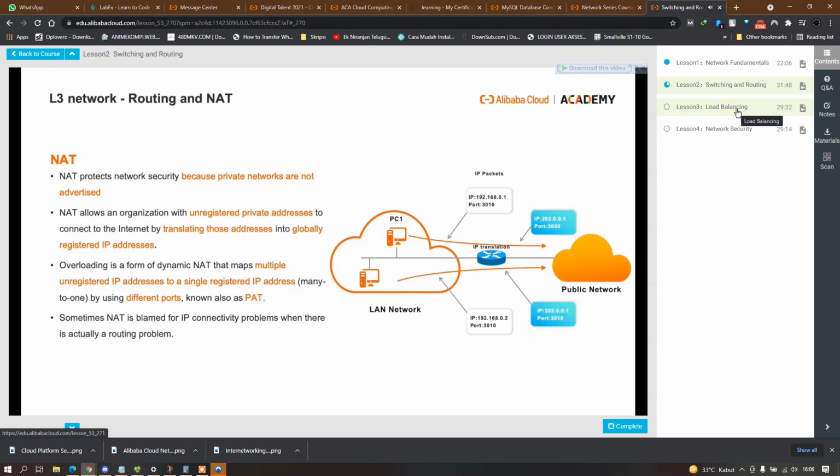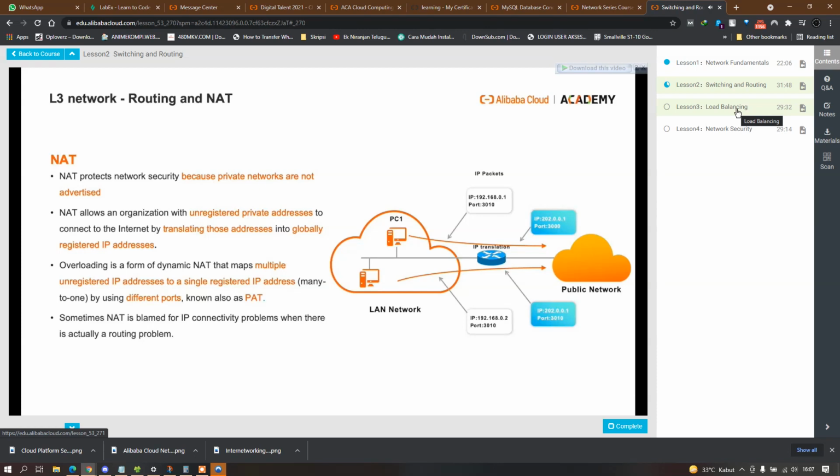Many internal IP addresses to one public IP address by using different ports. Because for each of the internal IP addresses, maybe they just need to expose one port or several ports to be visited from the internet. So we don't have to configure an independent public IP address for each of the internal IP addresses. It is a waste of resources. So in this scenario, we will use the overloading technology to map multiple unregistered IP addresses plus ports to one single registered IP address plus port. And this technology is also known as PAT.